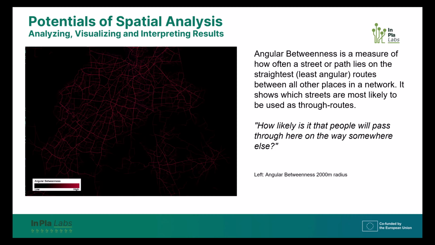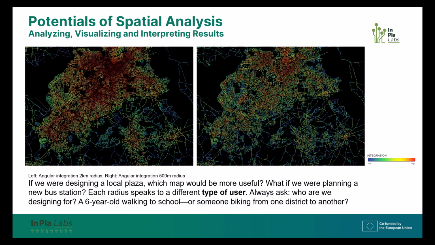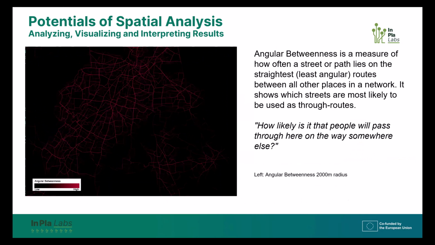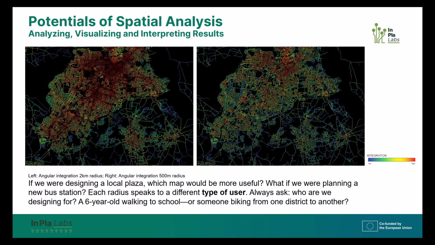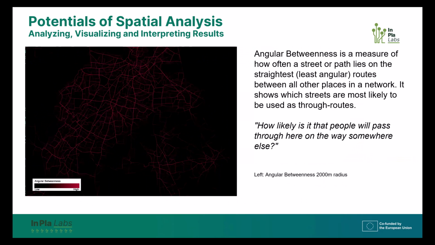And again, I don't know how well you can see this, but this is the same kind of map of Lefkosia, visualized for angular betweenness, and you see a very different pattern than you would see, for example, for the centrality, the angular integration analysis.